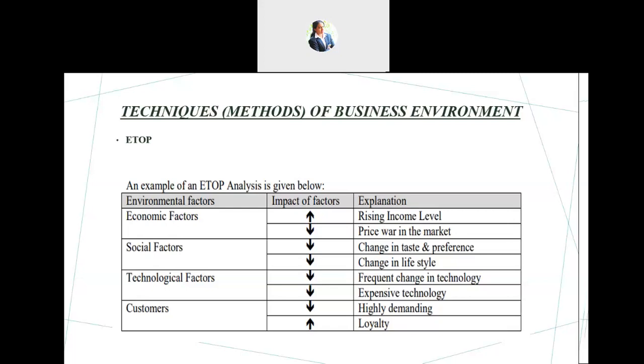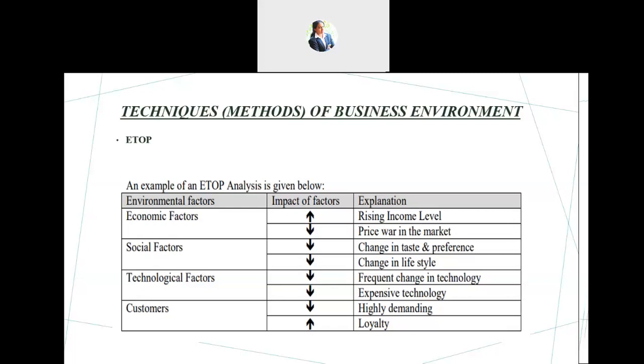Now, this is how the overall summary would look like. This is not exactly the same, and the list is not at all exhaustive. It depends upon each organization and how they perceive their environment.